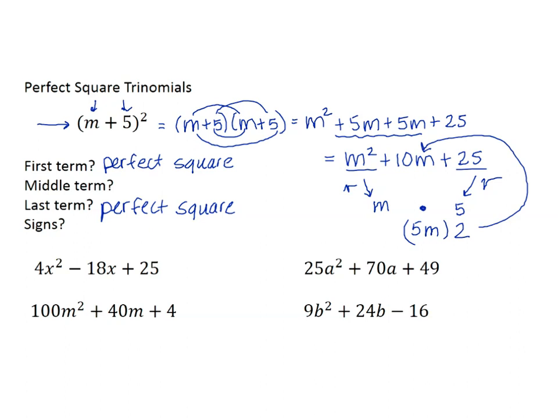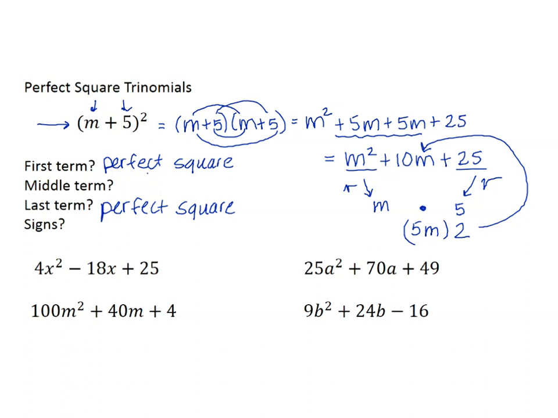So we're looking at the square root of the first and last, multiply them, and double. I'm going to try to write this as clearly as possible.